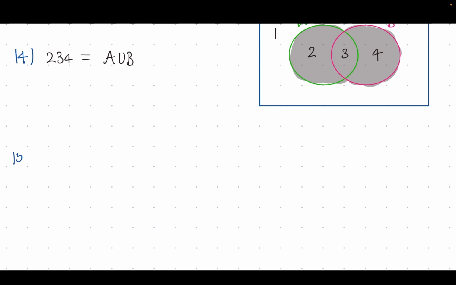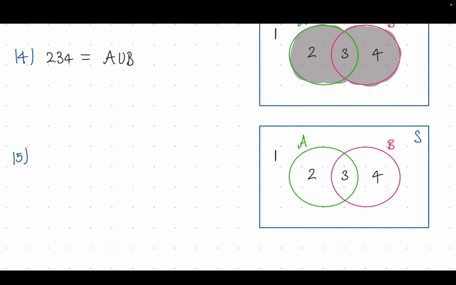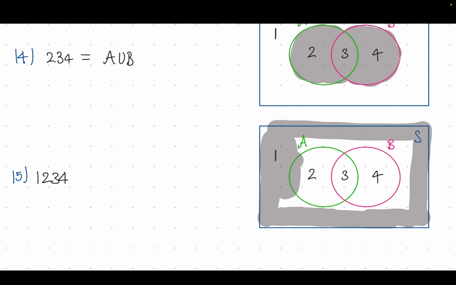Next up, set number 15, which is our set with all of them. That's going to be regions 1, 2, 3, and 4.